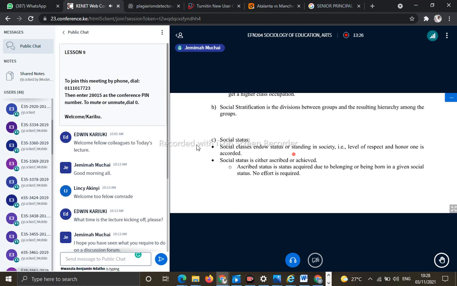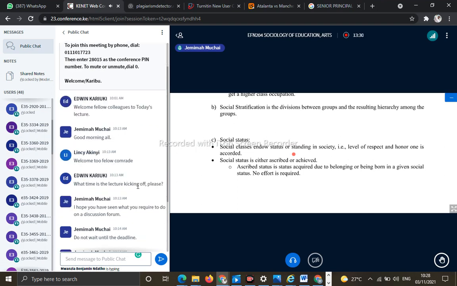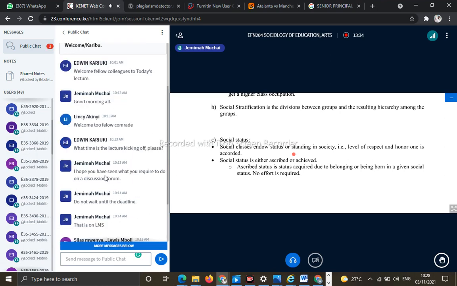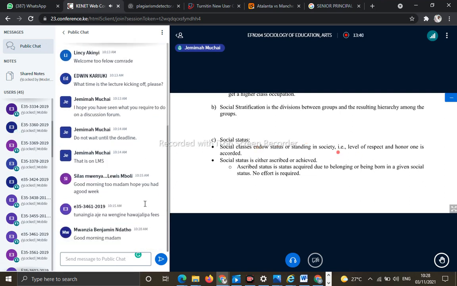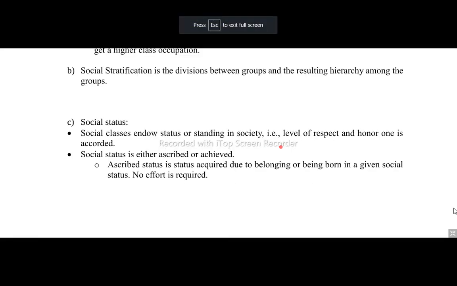So which position would be higher? The principal in a national school or the principal in a day secondary school outside your village? So when you talk of status, it's that standing in the society, or the position that one holds, and the level of respect or honor he is accorded by the people in the society.